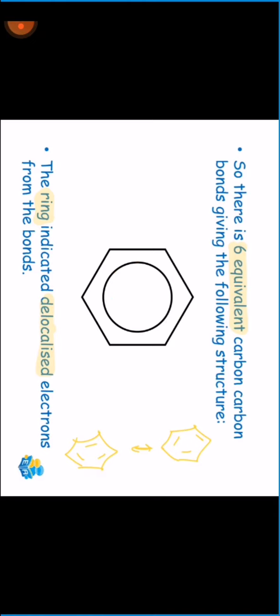So the electrons are not really attached to any of the carbons in particular because they form this delocalized cloud. And this is what gives the benzene molecule extra stability, and that accounts for its lack of reactivity. And this is explored in greater detail in the bonding videos.